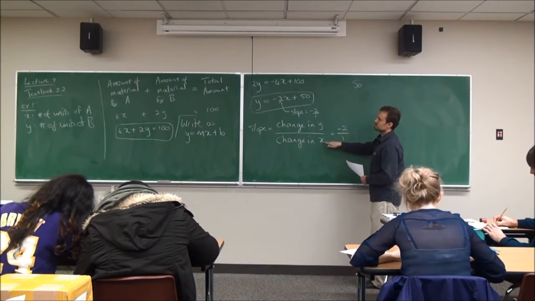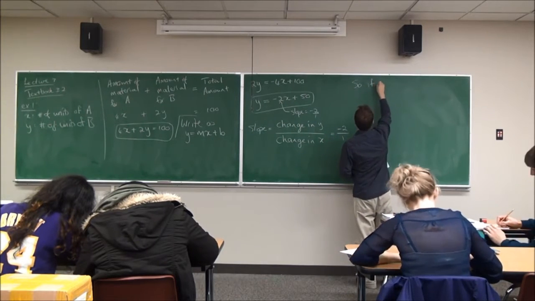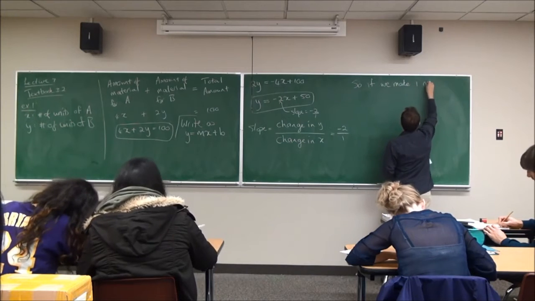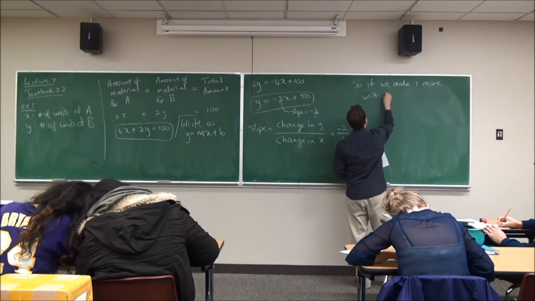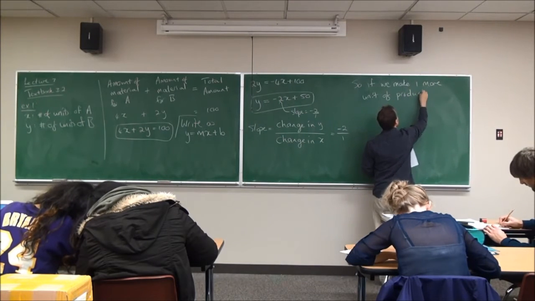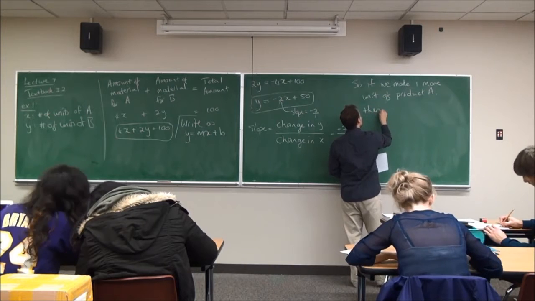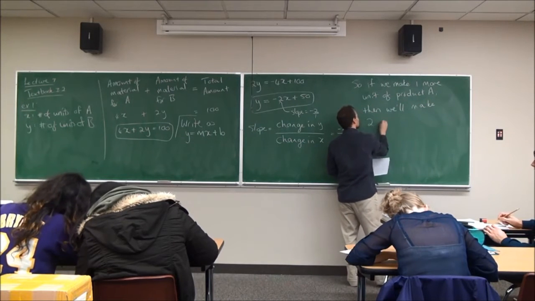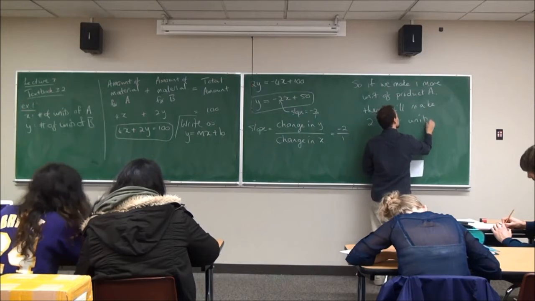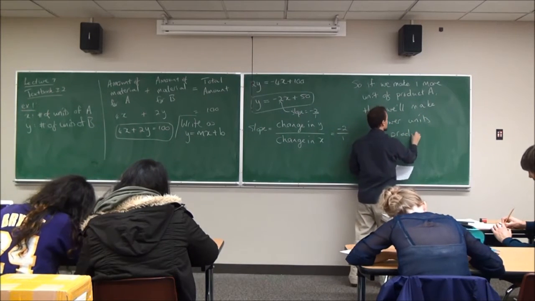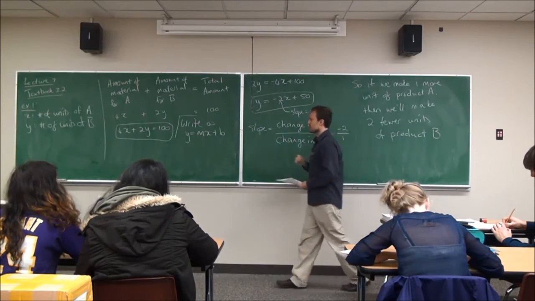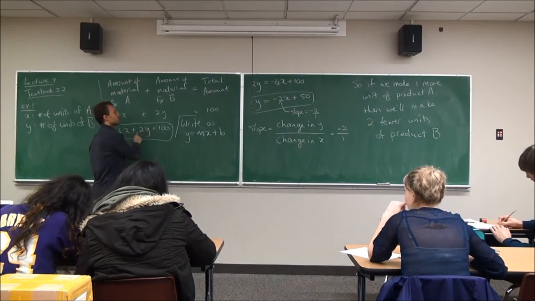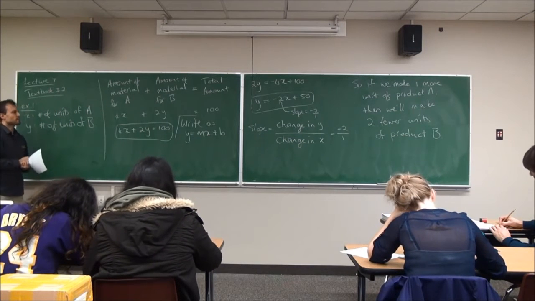X is the number of units of product A that I'm making. So if we make one more unit of product A, then we will make 2 fewer units of product B. I change x by 1, increase by 1, y has to decrease by 2 to stay within the limitation of having only 100 pounds of material.